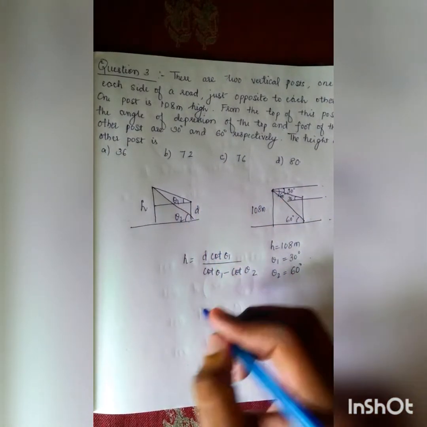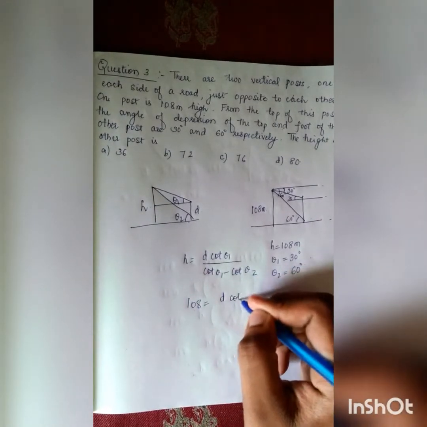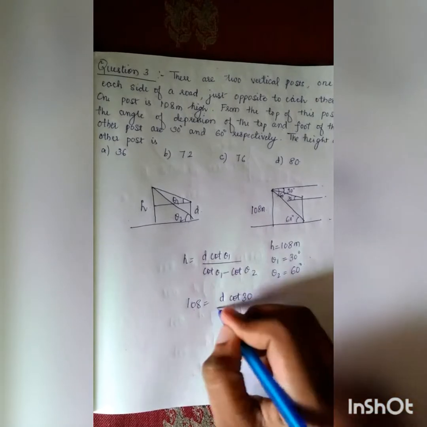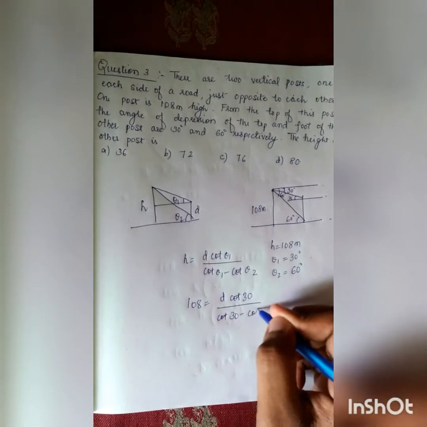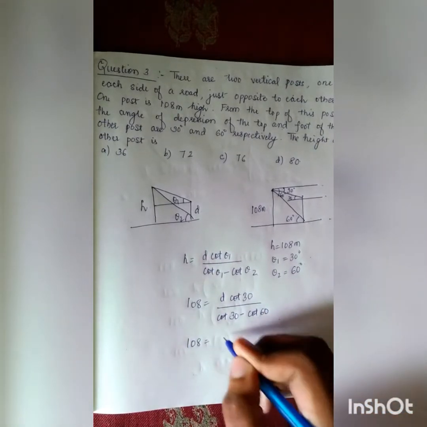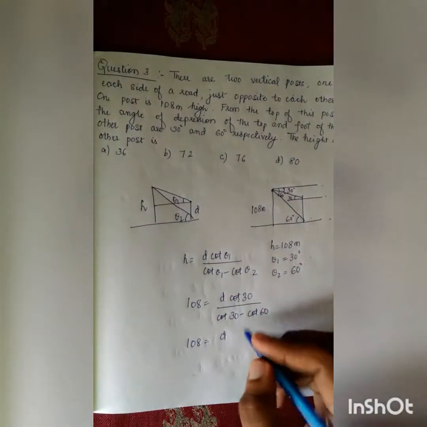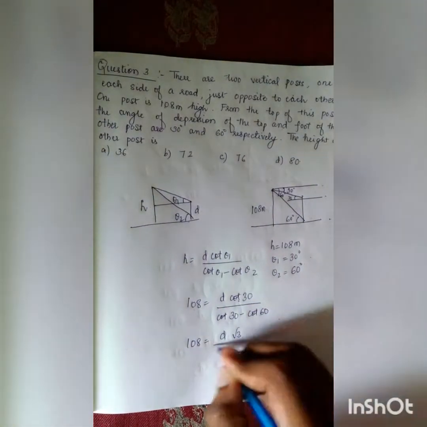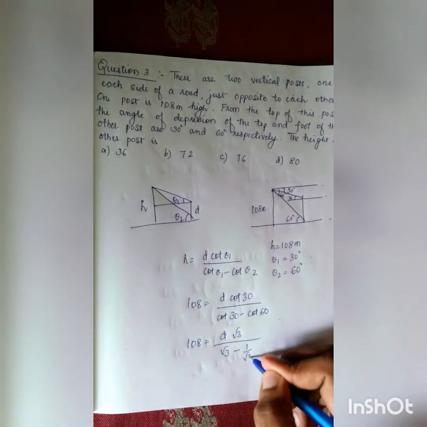So we have 108 is equal to d cot of 30 degree divided by cot of 30 minus cot of 60. Cot 30 is the reciprocal of tan 30, which is root 3. So it is root 3 divided by root 3 minus 1 by root 3.